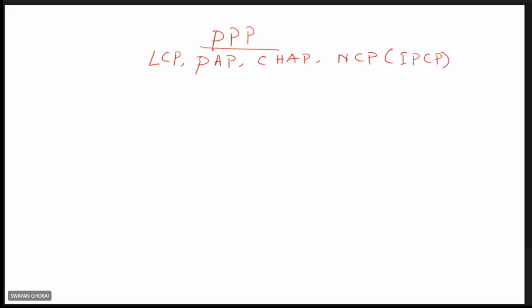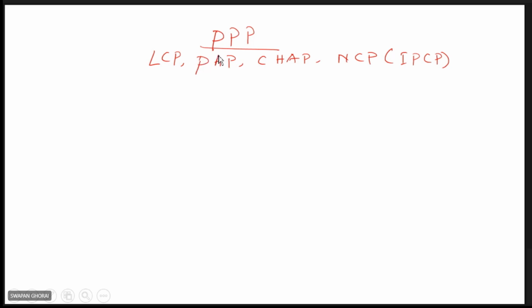And we have seen these PPP protocols. It is a data link layer protocol, but it uses three protocols, for establishment of the link, for authentication, and to carry the network layer data.